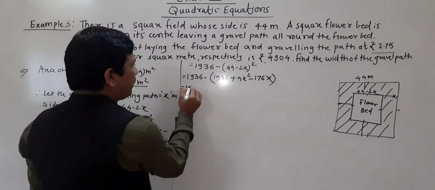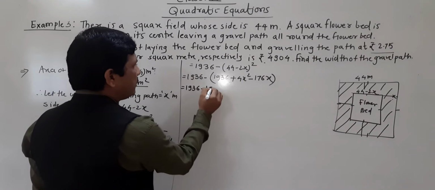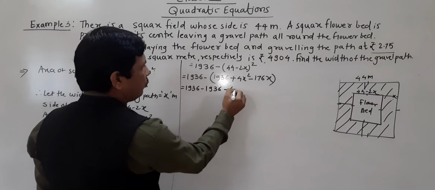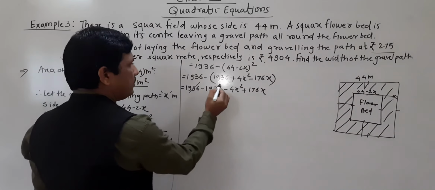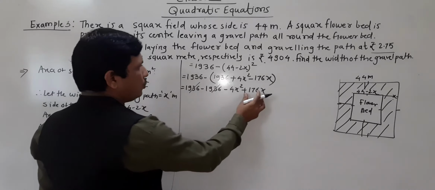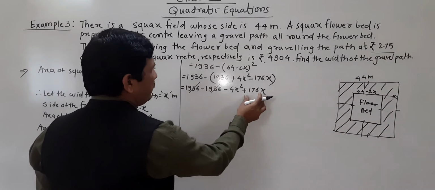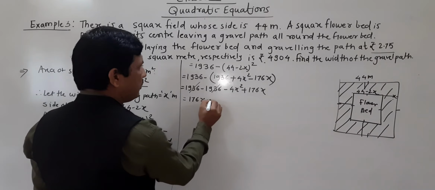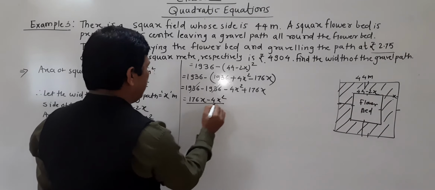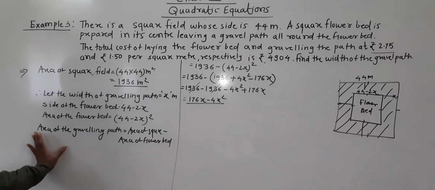Now we will remove the bracket: 1936 minus 1936 minus 4x square plus 176x. So this and this will be cancelled. What is going to remain here? We can write 176x minus 4x square. This is the area of the gravel path.